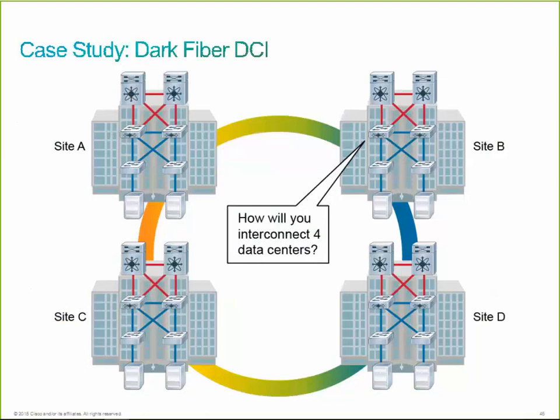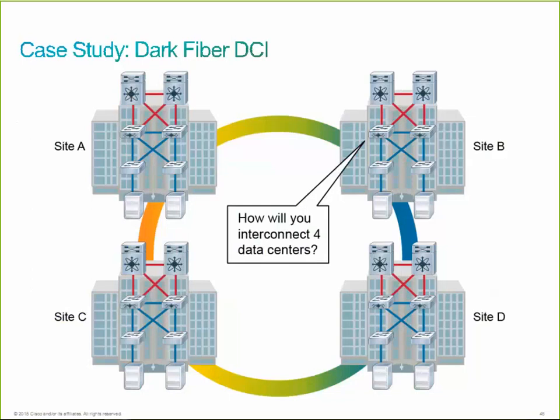But how do we connect the 4 data centers in a loop-free topology, right? What we need to do is create this logical star configuration, right? In other words, make the data centers look like they're connected to a core. And that's what we see on the next slide here.